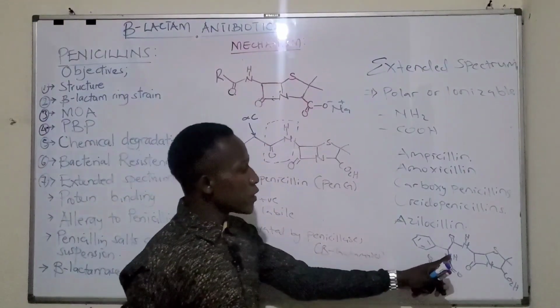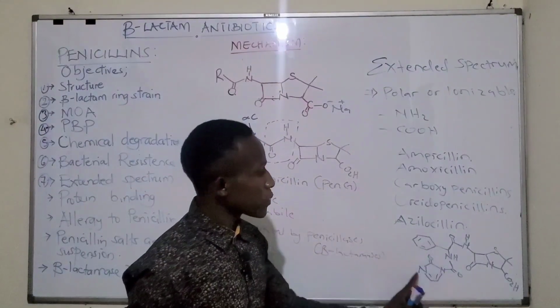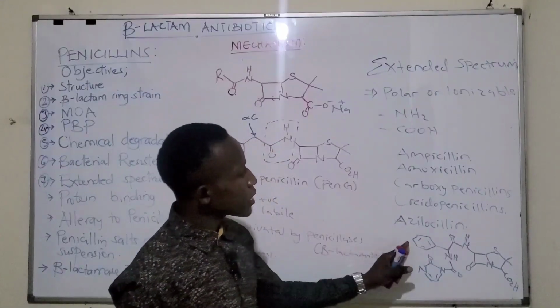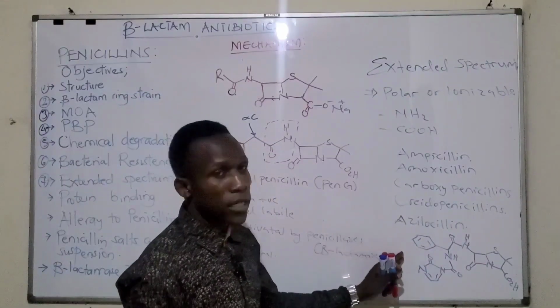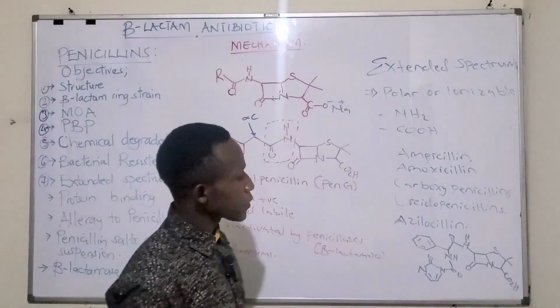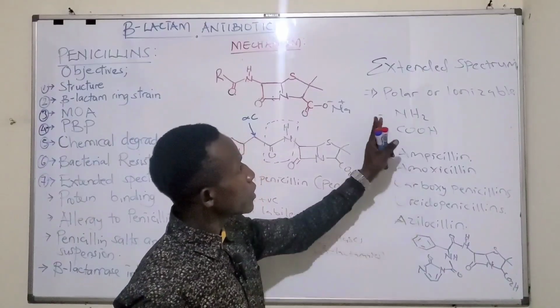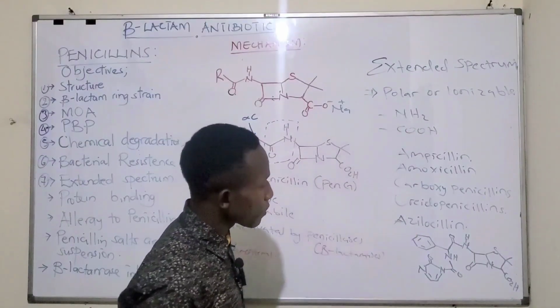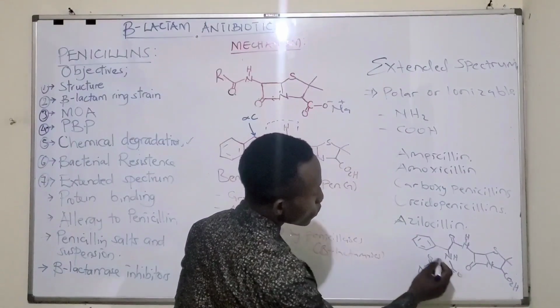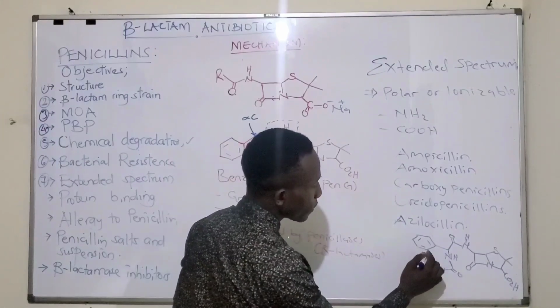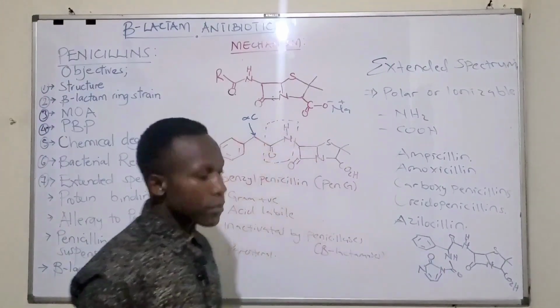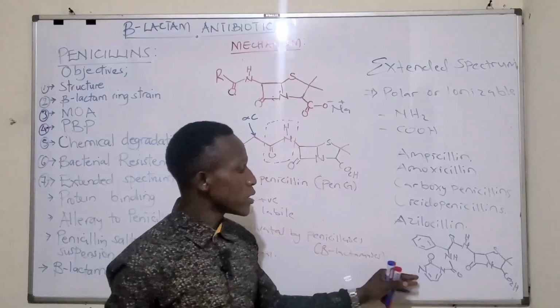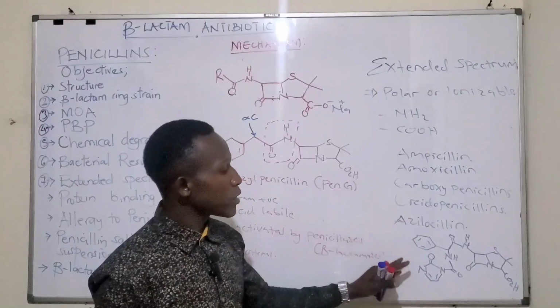So these groups, ureidopenicillins are not stable in acid, but they are broad spectrum or extended spectrum, because now this group, after entering the bacteria in the periplasmic space, will not be easily pumped out.